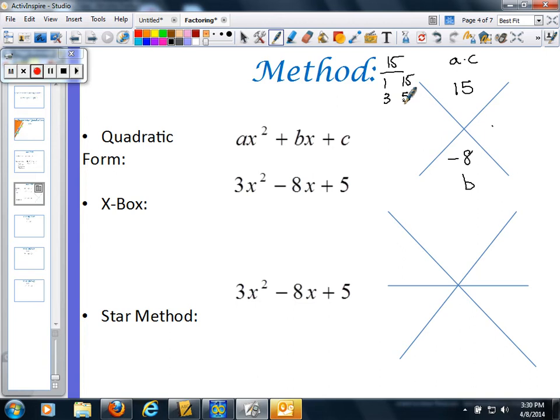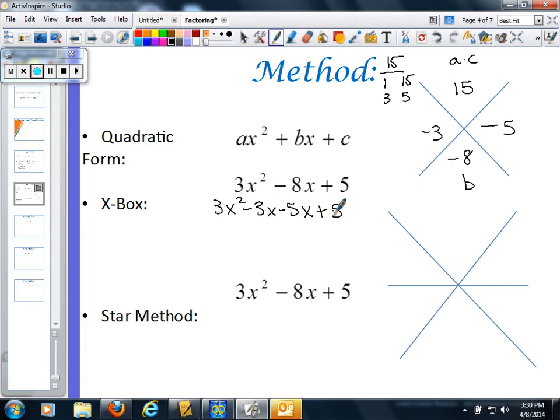If 3 and 5 are both negative, then I can add them together to get negative 8. So this gives me 3x squared, and I use these factors to rewrite negative 8x. That's minus 3x minus 5x plus 5.